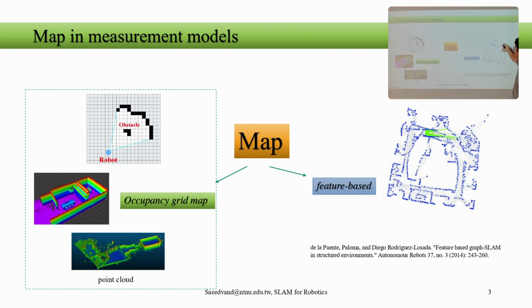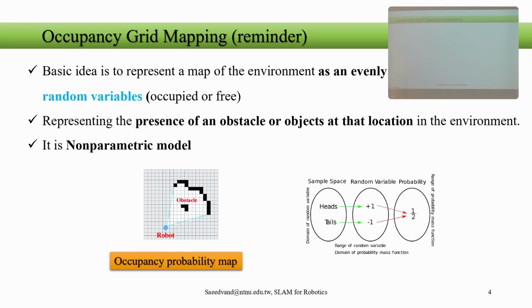For example, for feature mapping, how can we do that? Of course, we need to use different techniques of image processing and robot vision to extract the features of the environment. There we can use different kinds of sensors. The most common one is the LiDAR scanner, which we will see in the next slides.